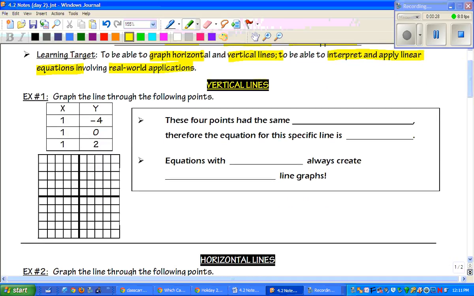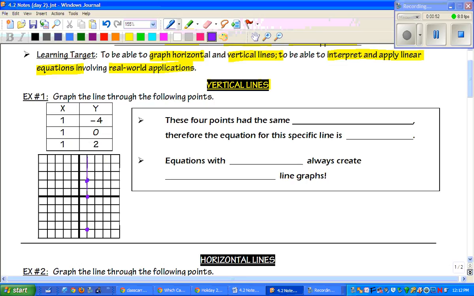First thing we're talking about are vertical lines. Graph the line through the following points: (1, -4), (1, 0), and (1, 2). So let's go ahead and plot those points and see what we get. So (1, -4) is right there, (1, 0), and (1, 2).